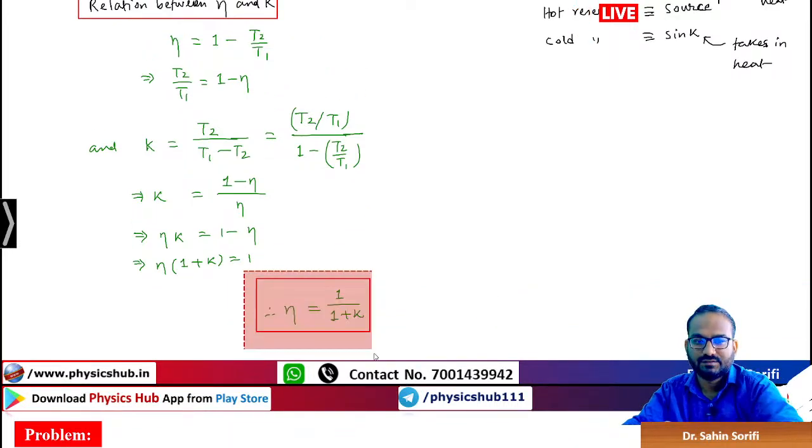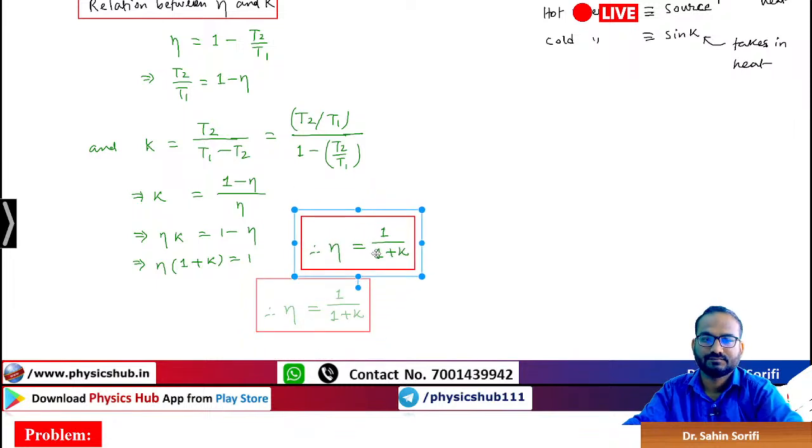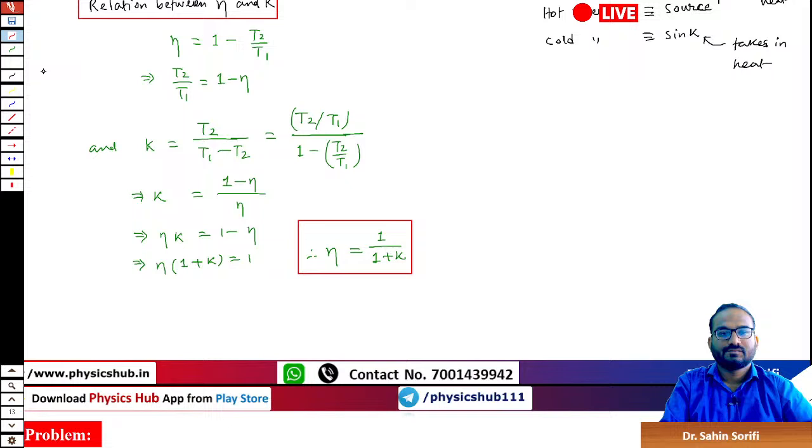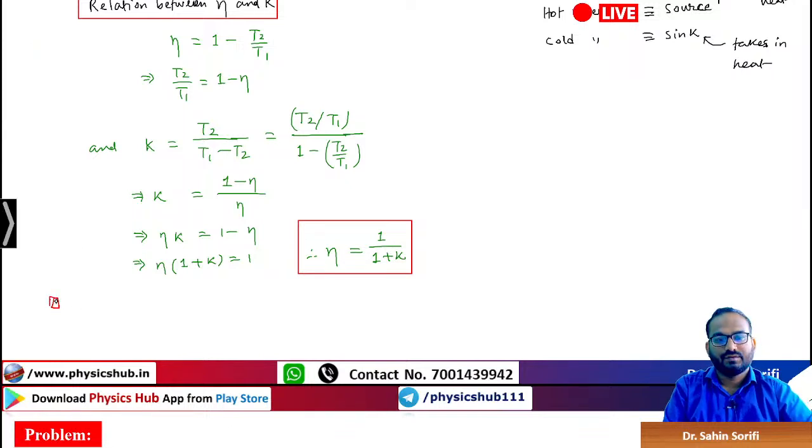Any more questions, guys? Quickly tell me. Look, one thing I would like to tell you here. Whatever portion you study, let's say a gas or anything else, that is called a system.